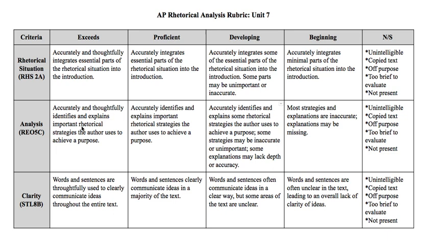Up to exceeds. Exceeds does it thoughtfully. We want the most important strategies for the identification and especially for the explanation and commentary. It's really thoughtful in that commentary: why it's important, why it works for the audience, why the author chooses to use this strategy, how it helps to achieve his or her purpose. Really depth there.